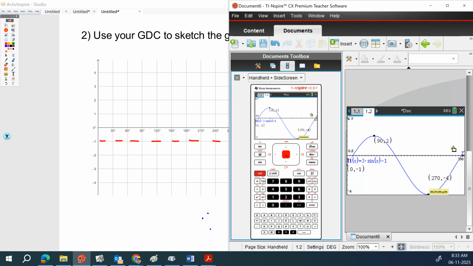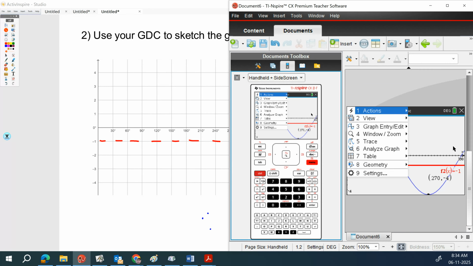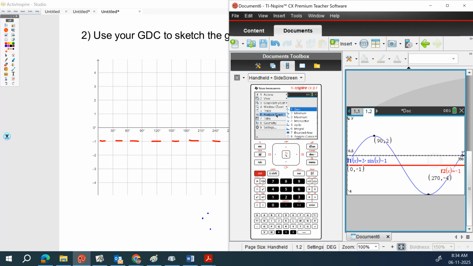So the other points that we wish to find is where it crosses the principal axis. So if we want the principal axis to help us sketch it, we can press tab. We know that the principal axis is y equals -1, because that's the y-intercept constant, and it draws the principal axis for us. So then we can find an intersection between these points.